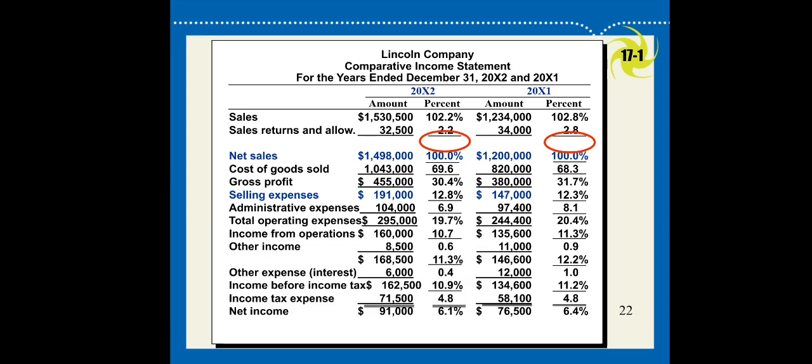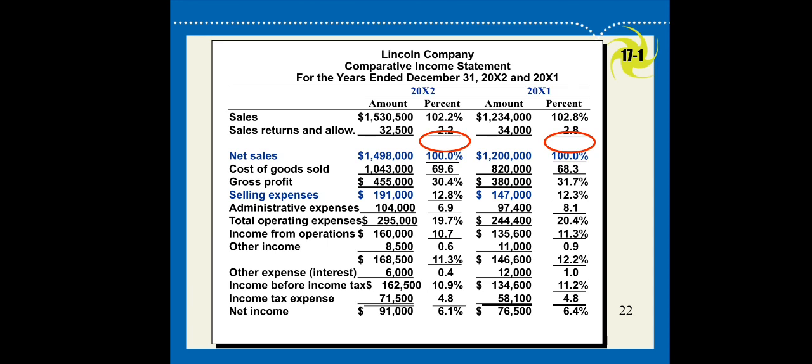Like I said earlier, when you want to do financial statement analysis on an income statement, you look at the total revenue or total sales and the total profit or net income. In this example, the net income is 6.1% compared to the total net sales or revenue.